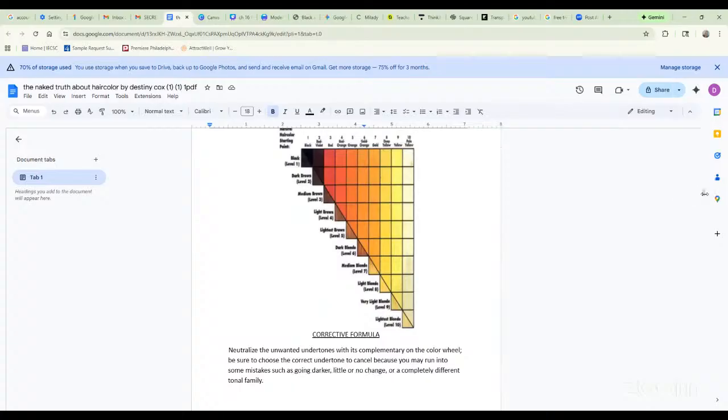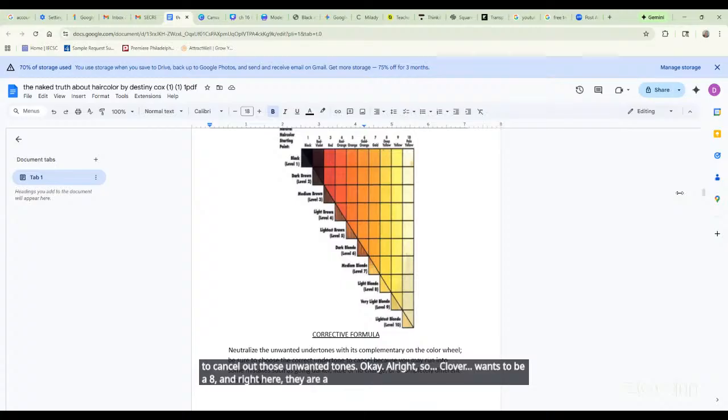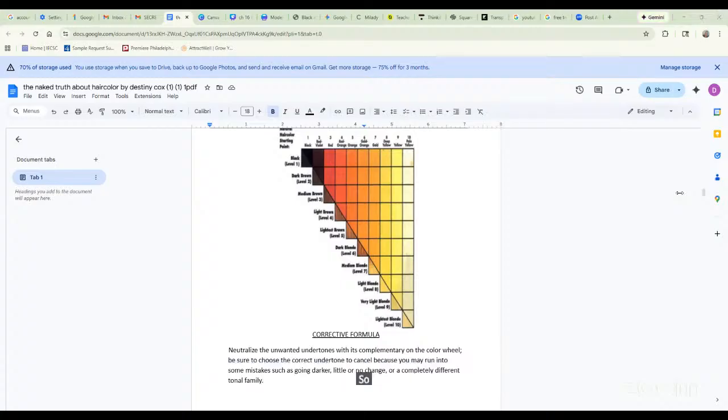All right. So Clover wants to be an 8, and right here they are a natural 2. So let's write our formula. This is how our formula will look.